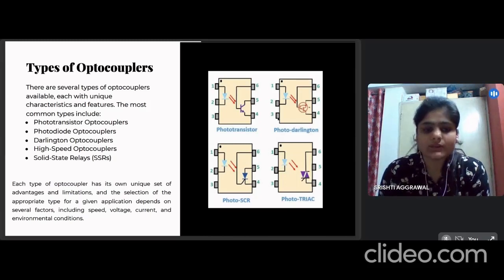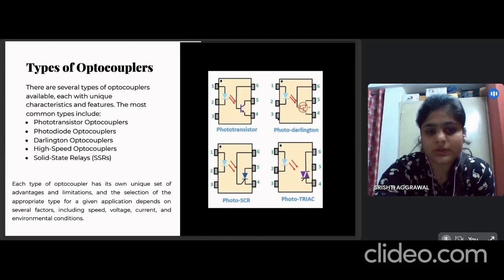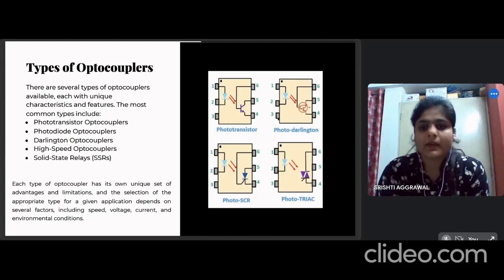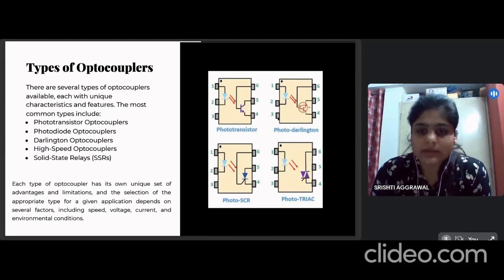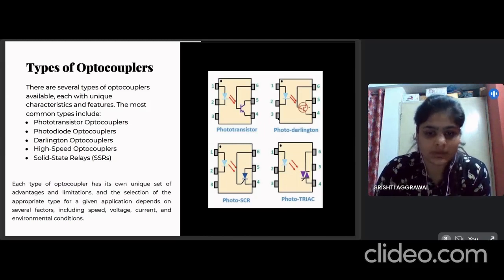The next is solid state relays, also popularly known as SSRs. These optocouplers combine the function of an optocoupler and a relay and are used for switching high current and voltages. They offer low power consumption, high switching speed, and long lifespan, and are commonly used in industrial control systems, heating and cooling equipment, and light control applications.